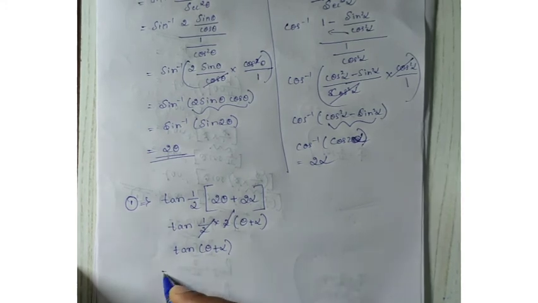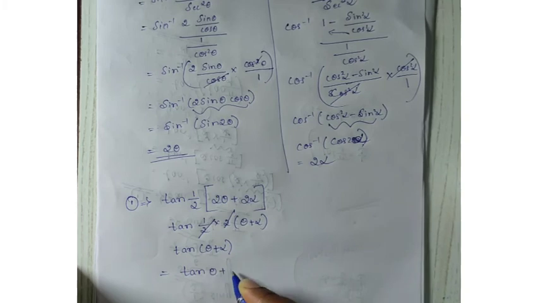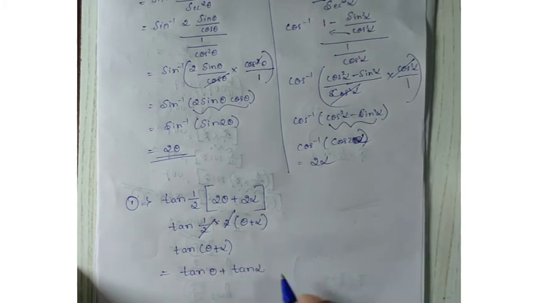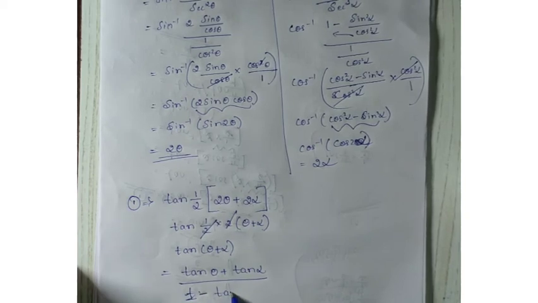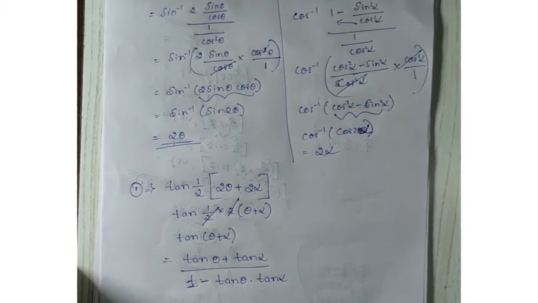The same logic is applied over here. That is tan theta plus tan alpha divided by 1 minus tan theta into tan alpha, right?